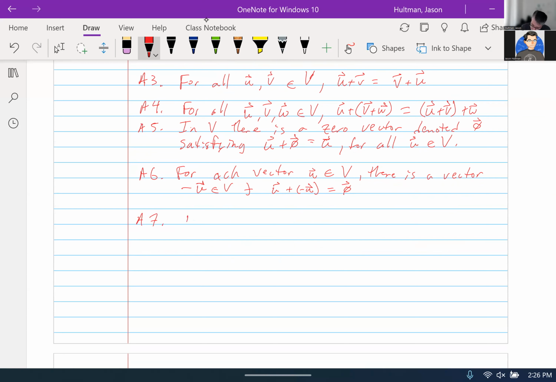A7: for all u in V and 1 in F, 1 times u is equal to u. So a multiplicative identity.